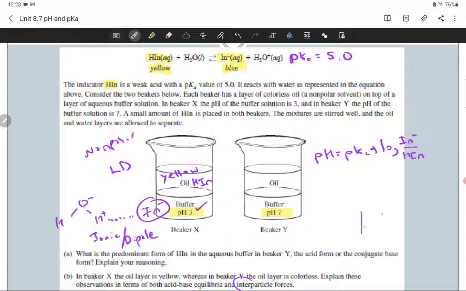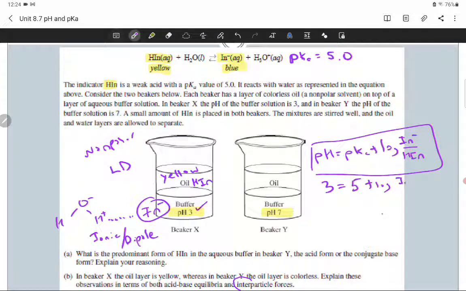But let's see about the acid-base equilibrium. We can kind of use this same idea here. So let's go 3 equals 5 plus log. That's the same thing that I just had in there before.